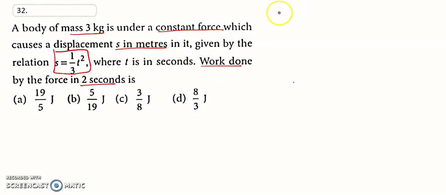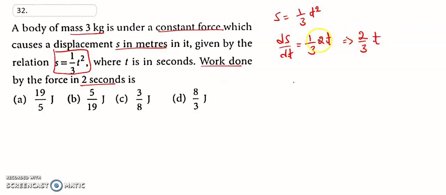So the displacement S is equal to 1 by 3 t square. Then ds by dt is 1 by 3 into 2t, that is 2 by 3 t. Then differentiating again, d square s by dt square is equal to 2 by 3.